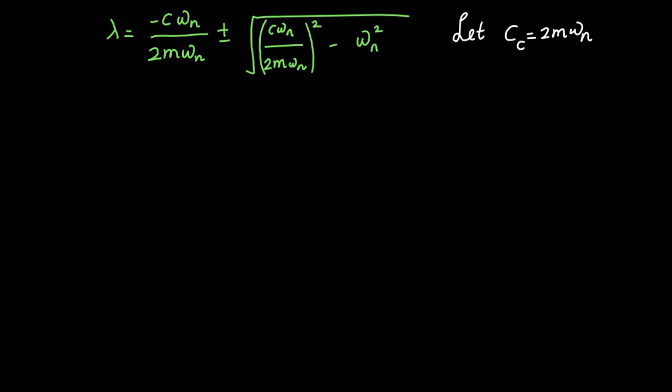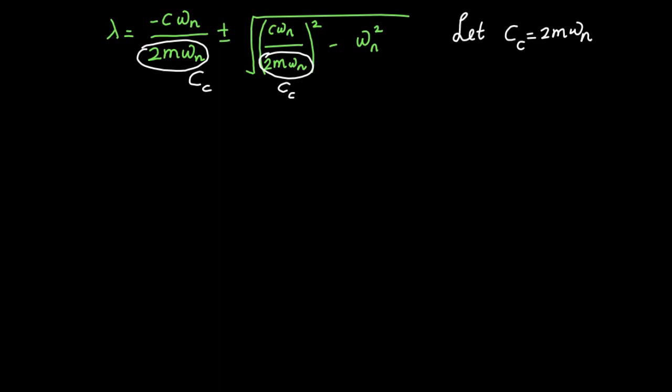If you do that, then the denominator, this term, can be replaced by c suffix c, and this term can be replaced by c suffix c. We call that the critical damping coefficient because of what happens when the denominator becomes equal to the numerator? That's the question.